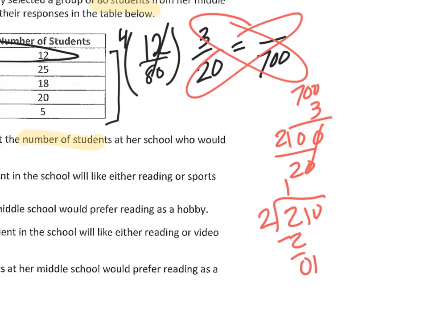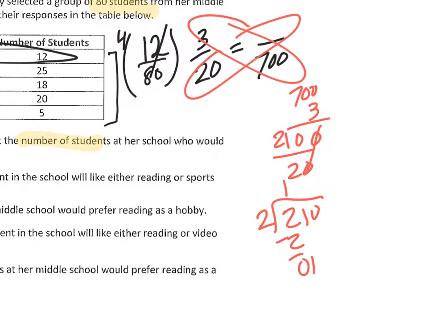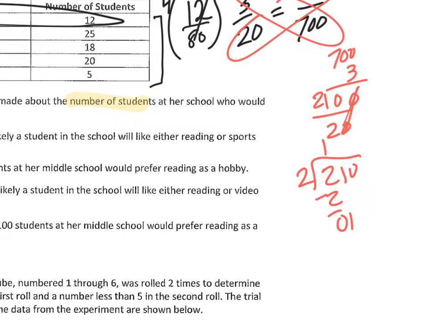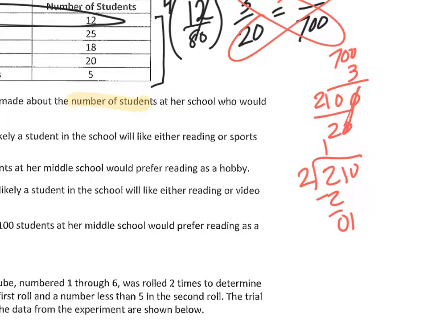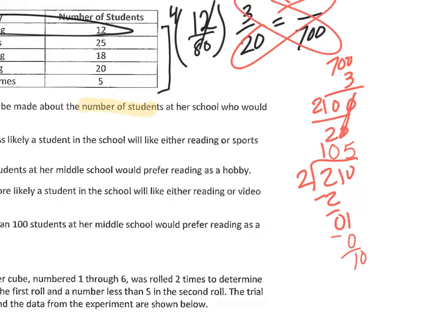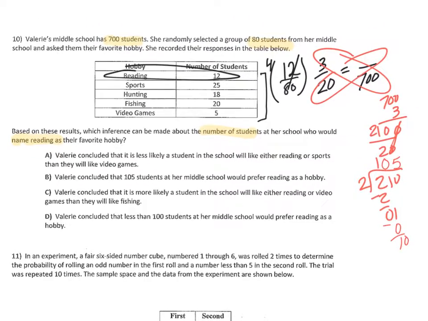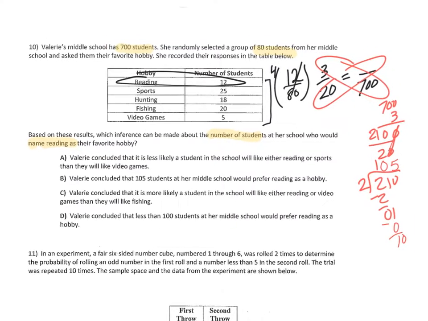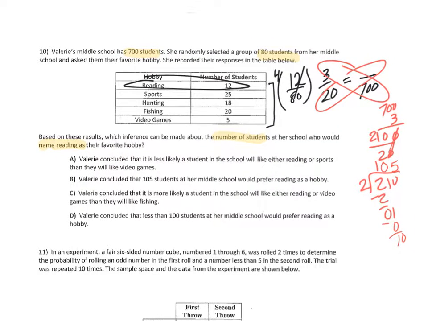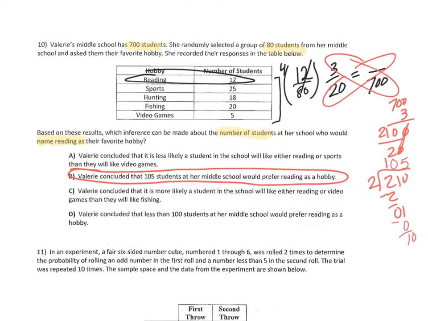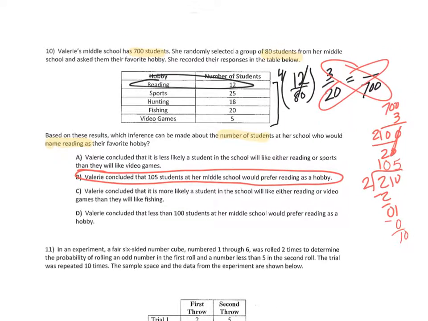When you set it up like that, you can mark out those zeros, which saves you a step when you divide it. So 2 can't go into 1, so we put a 0. So Valerie concluded that 105 students at her middle school would prefer reading as a hobby.